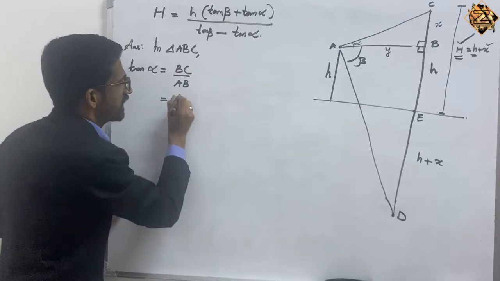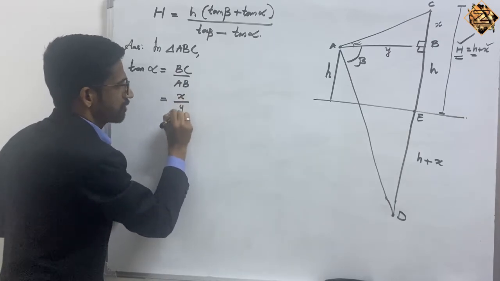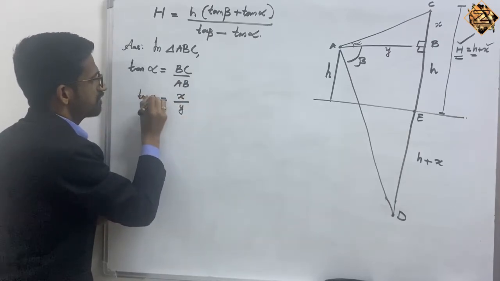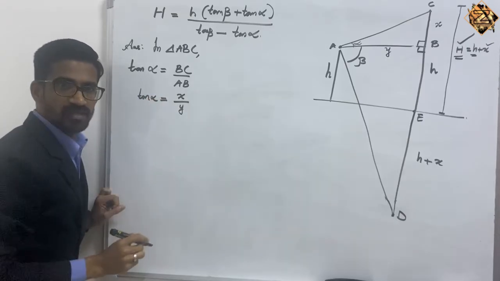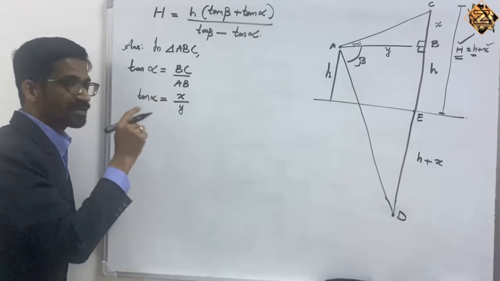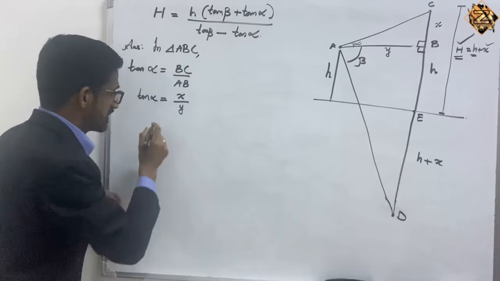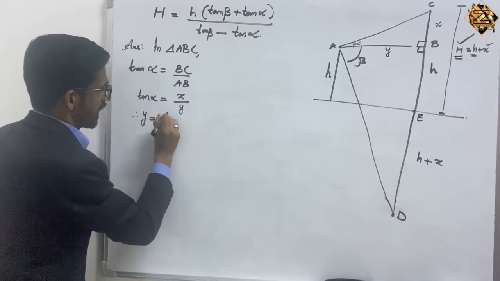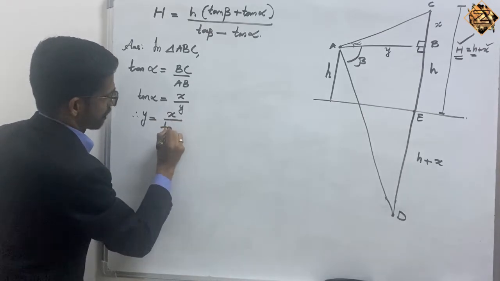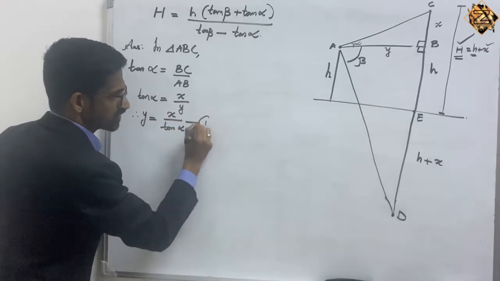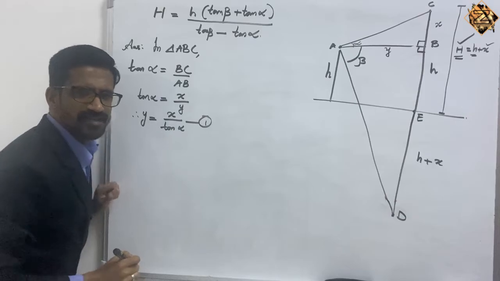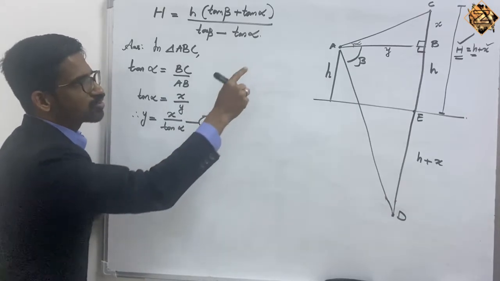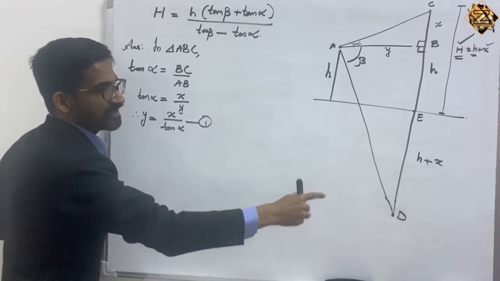BC is x and AB is y, so tan alpha equals x by y. Now the common side is y, so we make an equation using y. Therefore, y equals x by tan alpha. Take it as equation 1. Hope it is clear.